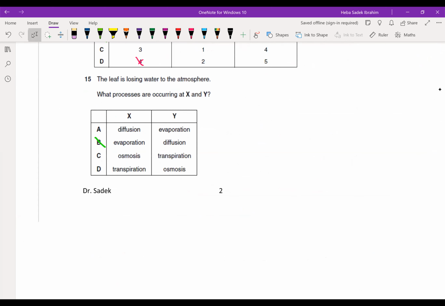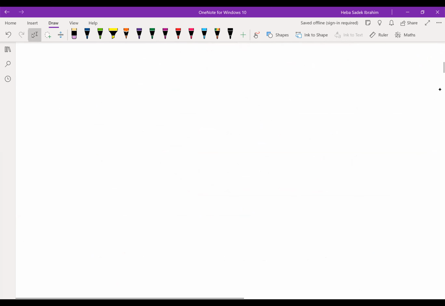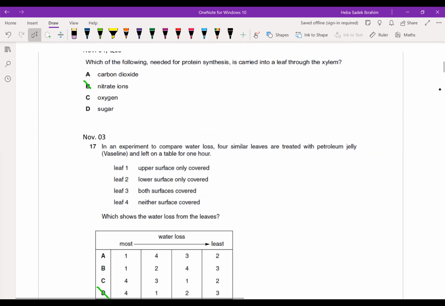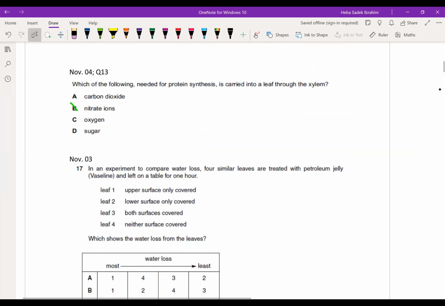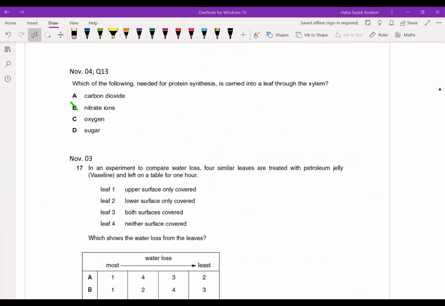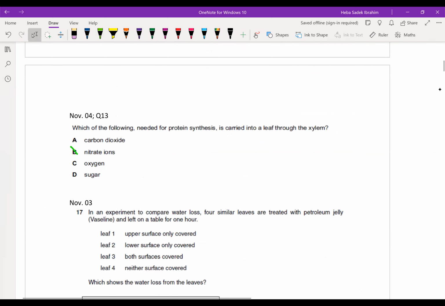Let us see the next question. The next question is telling us which of the following needed for protein synthesis is carried into a leaf through the xylem.